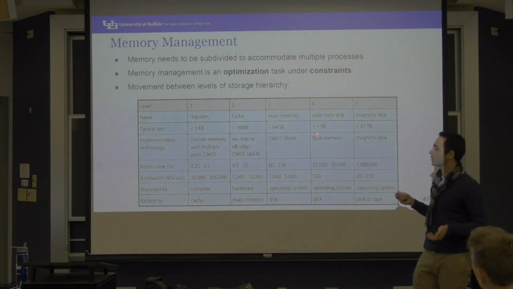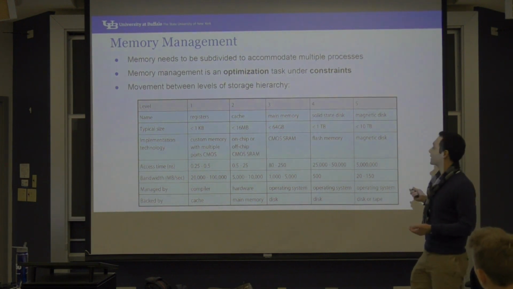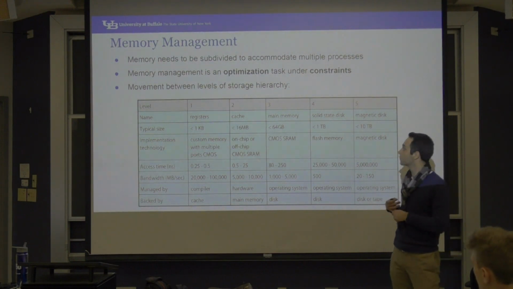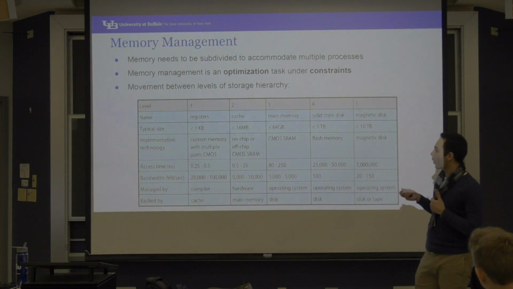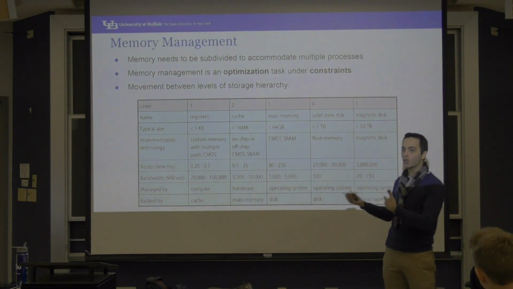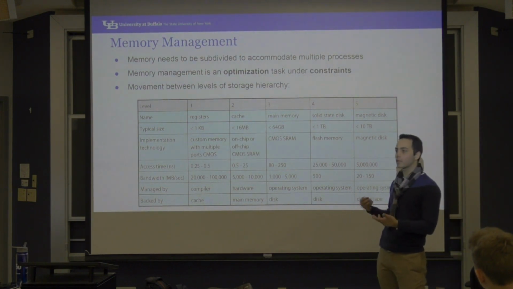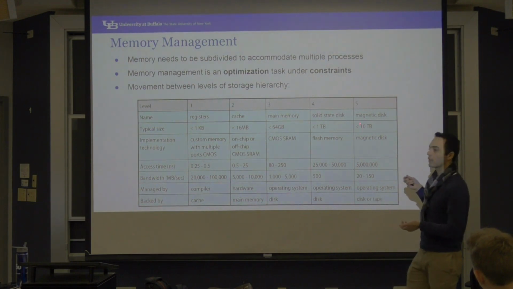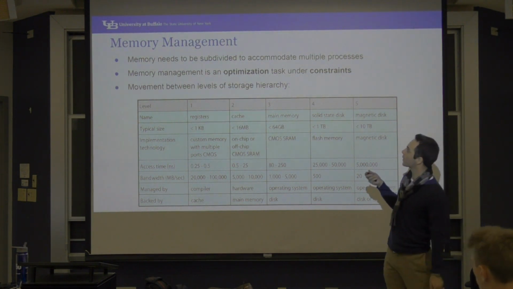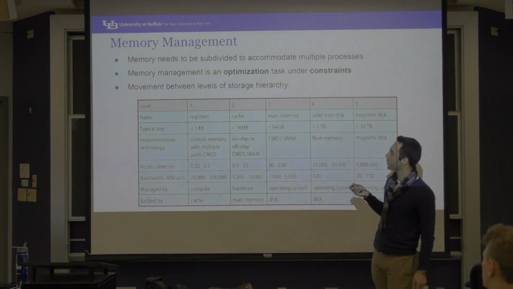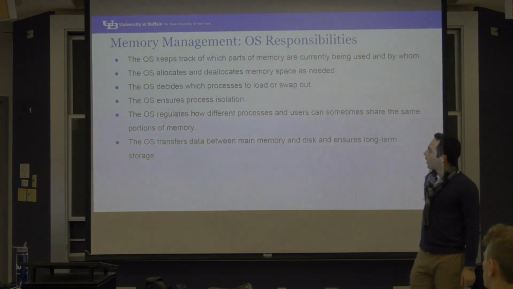You have a solid state disk or hard drive, which is on the order of terabytes. You have magnetic disk. I mean, maybe you don't, but you can, which is used for storage and backups, right? And then how and when, what to load and move between these, because you don't want the CPU or process to wait for this, right? That will take seconds and minutes. So when to do these, these are all things that the OS should do, right?